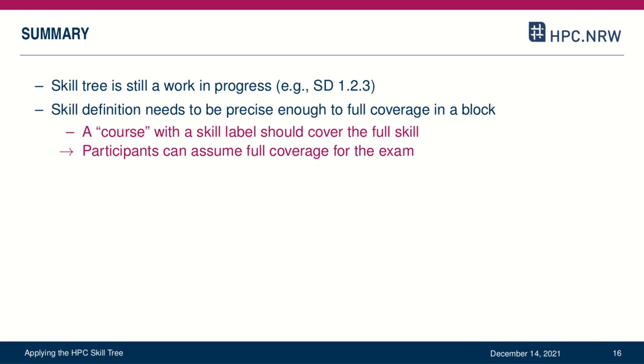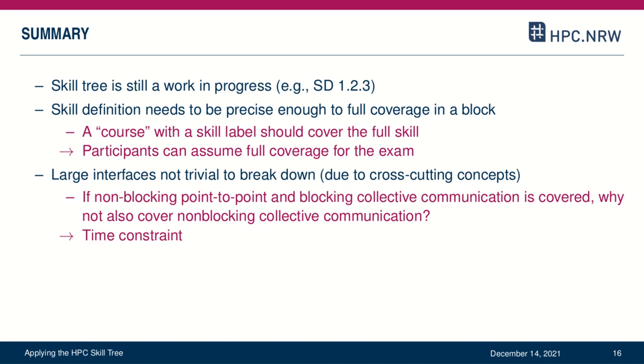And is there a maximum depth of the skill tree that we should allow? With large interfaces like MPI, you easily get into problems where you have time constraints to have small courses and small blocks of knowledge that should cover a complete basic, intermediate, or expert level of a skill.